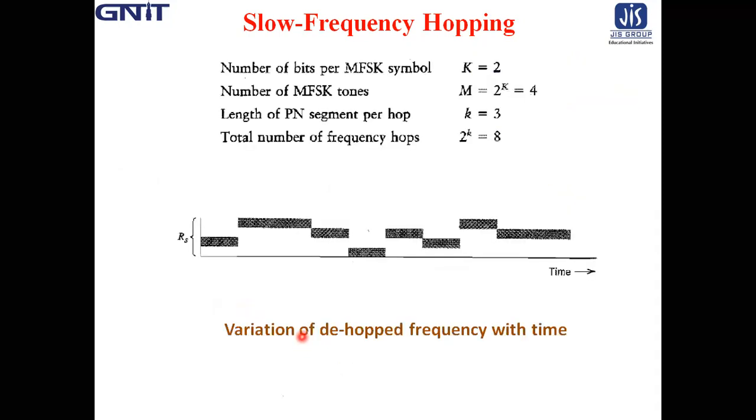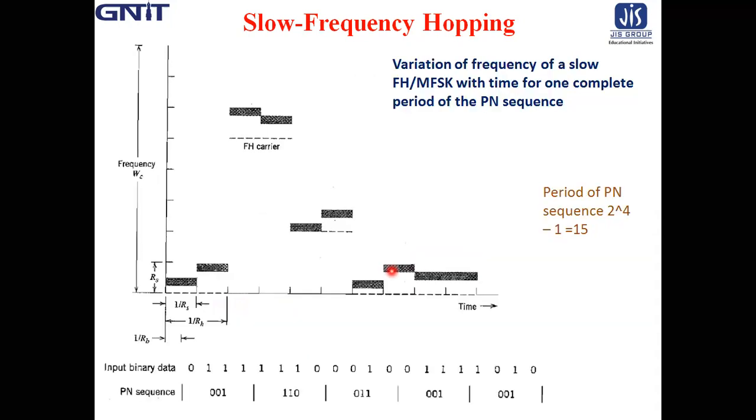And this is the variation of the de-hopped frequency with time, this figure. Now see, this is for 0 1 to 1 1, that is 4 information bits or 2 symbols.